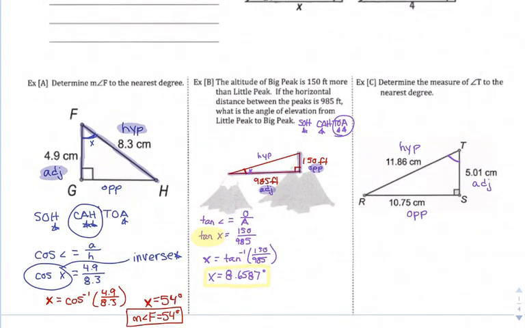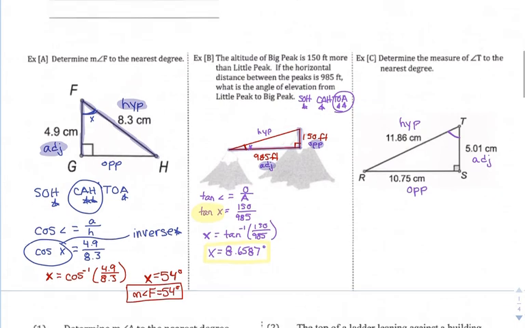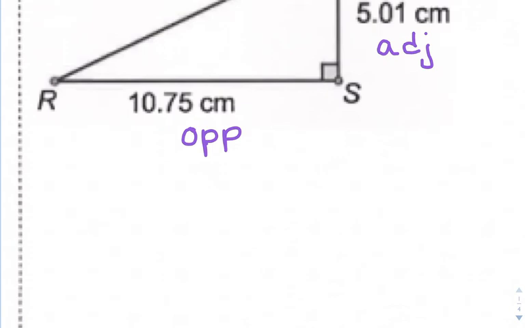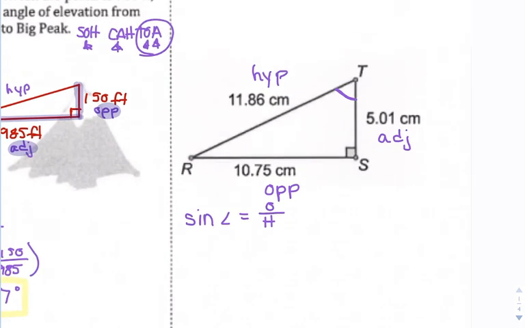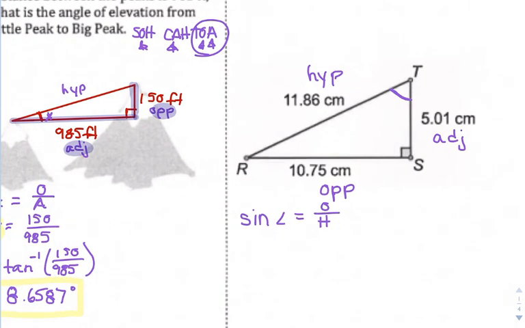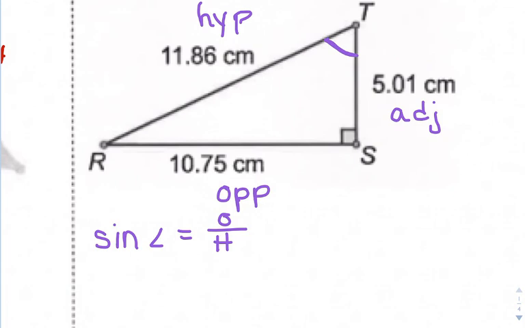So in example A, we use cosine. Example B, we use tangent. So here I'm going to use sine, just to change it up. So sine of my angle equals opposite over hypotenuse. It doesn't matter what trig function you use, you're still going to get the same answer, even if you choose not to use sine. So I'm going to call angle T my x.